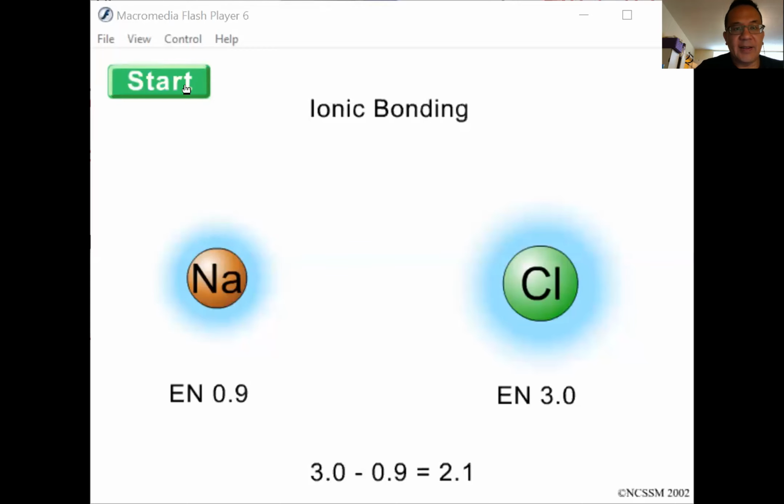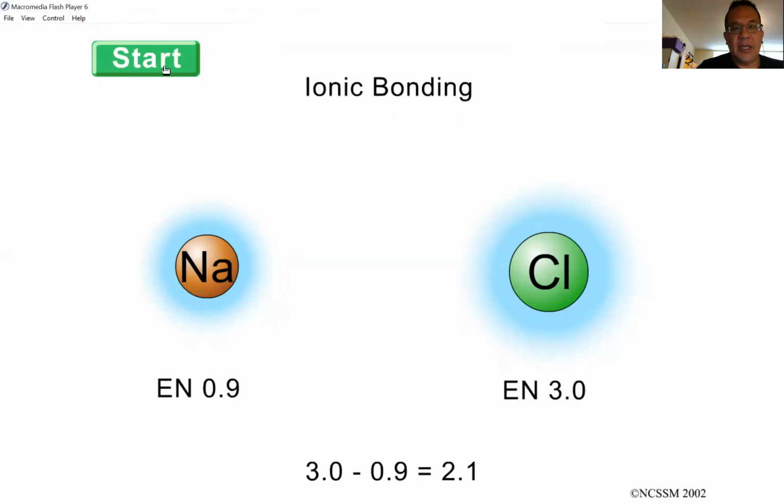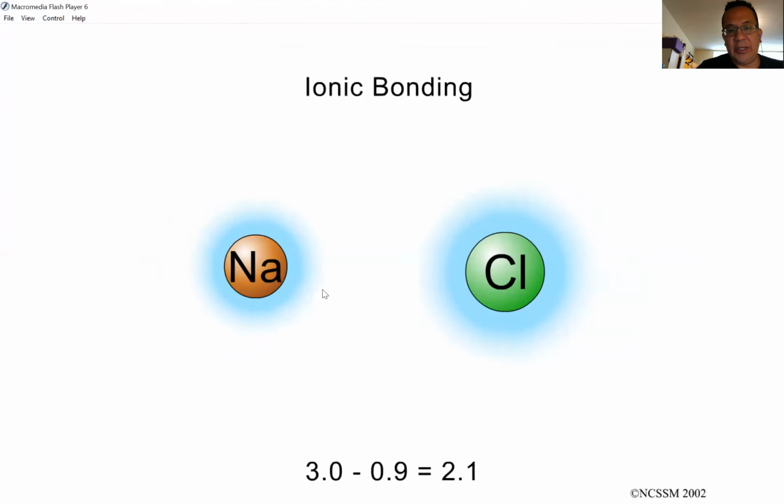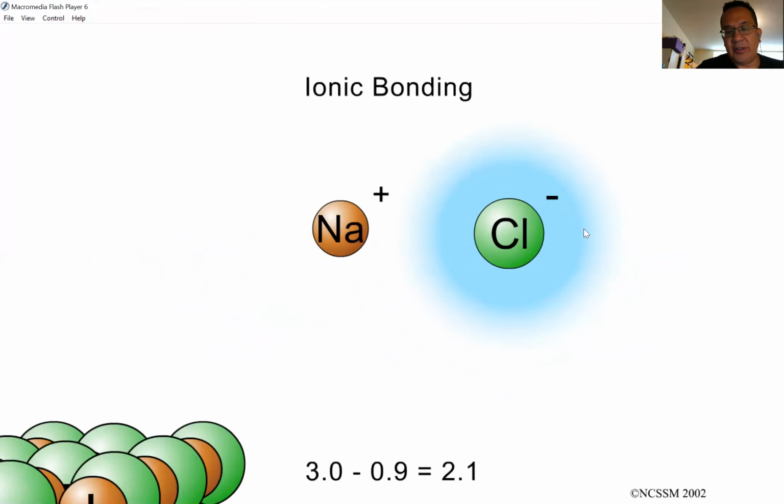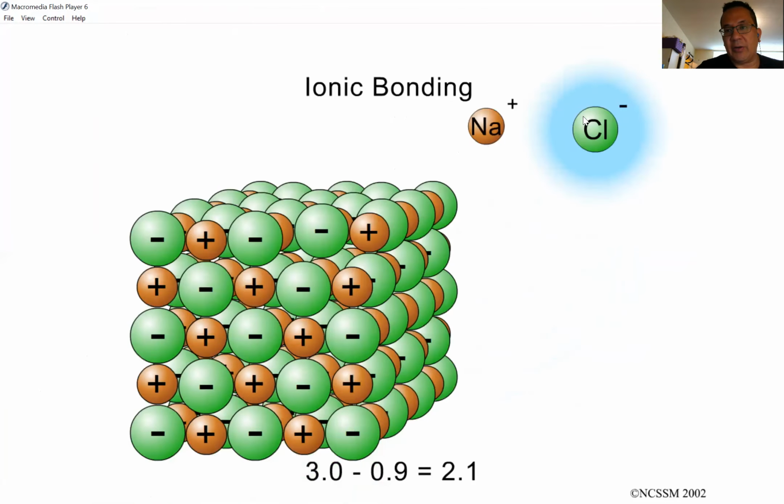Now, the last one I want to talk about is ionic bonding. Here it is. Notice there's such a large electronegativity difference that it seems all of the electrons are now circled around chlorine.